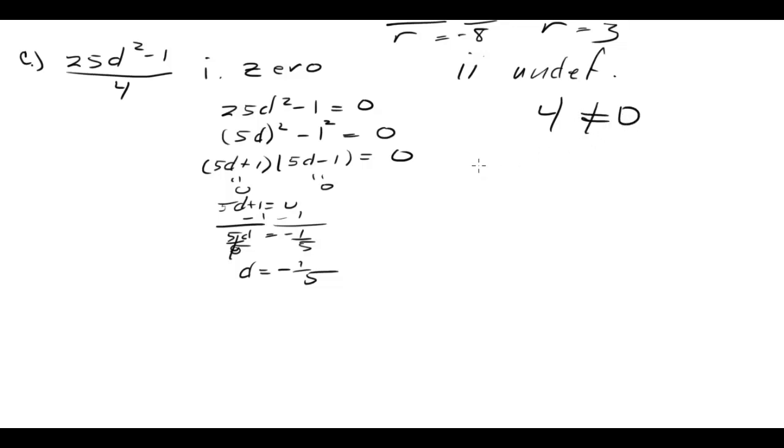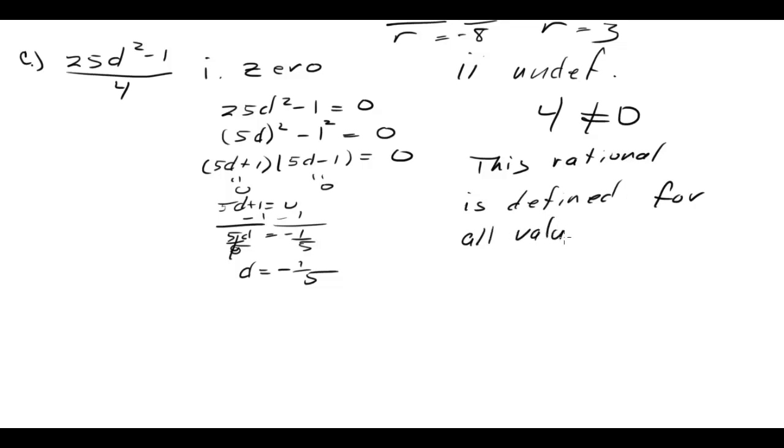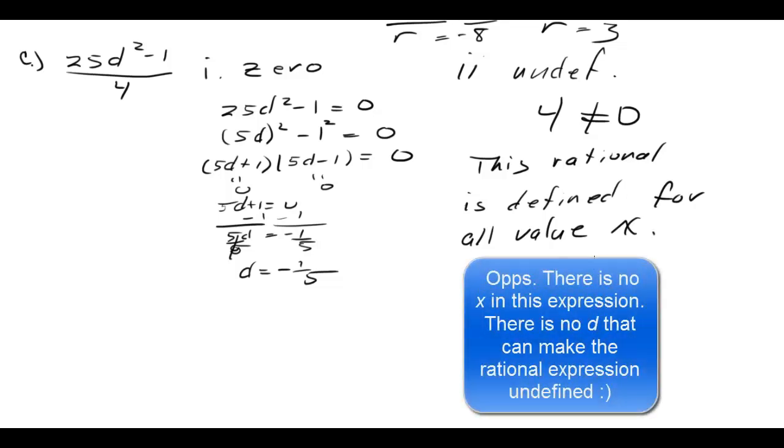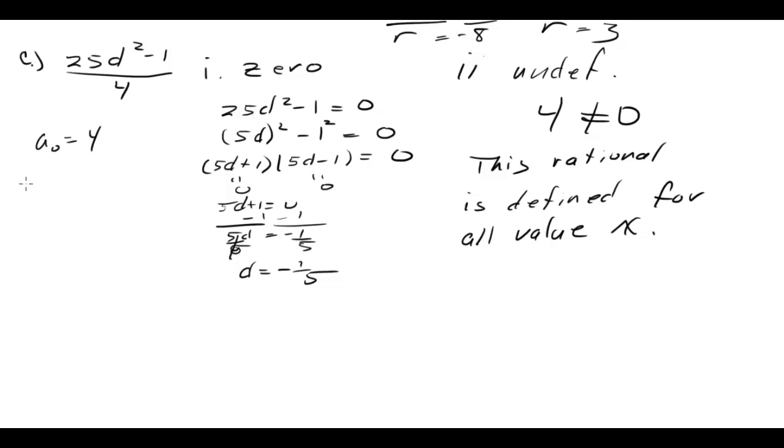So it turns out this is a case where this rational expression is defined for all values of x, because there is no value of x that is going to make the denominator 0. Interesting case. And of course this is a polynomial, right? A0 equals 4. All the other A's equal 0. So it is a polynomial, even though it's kind of a simple polynomial.